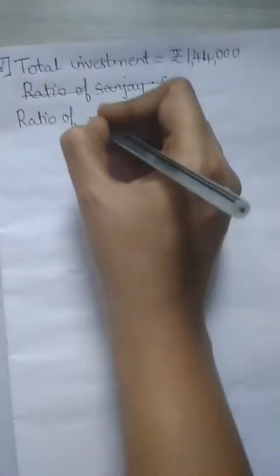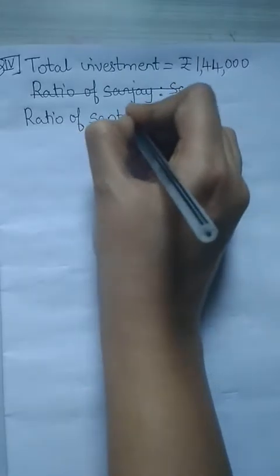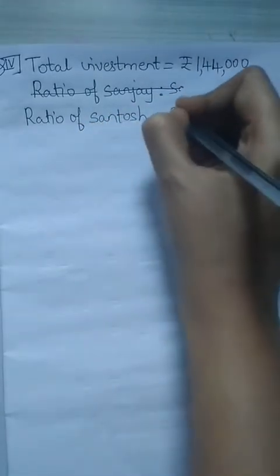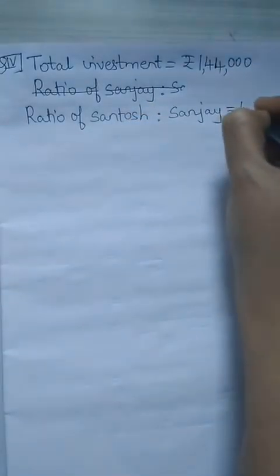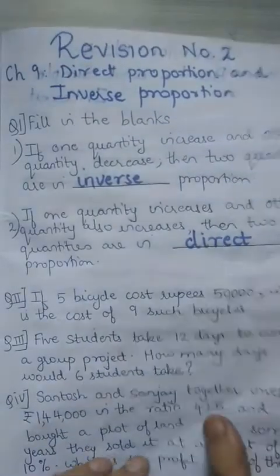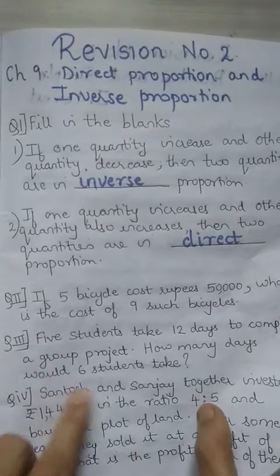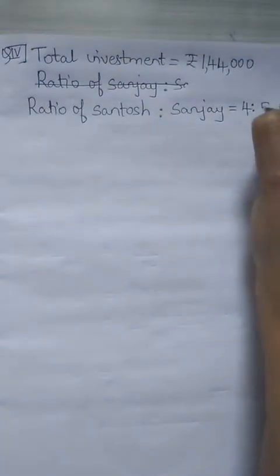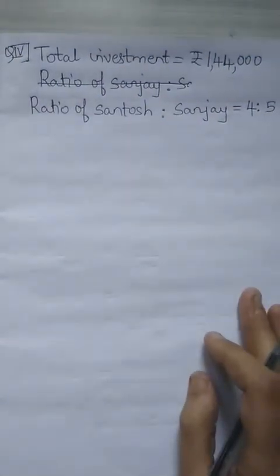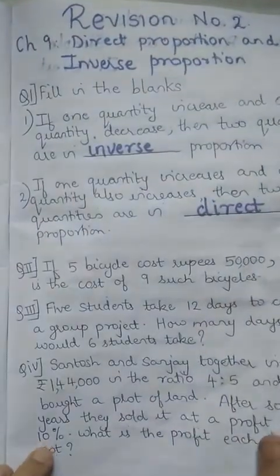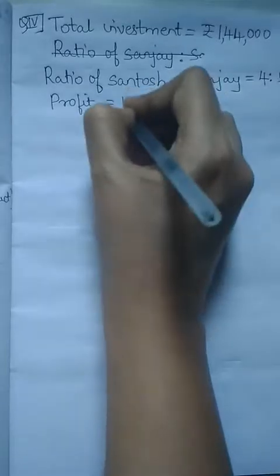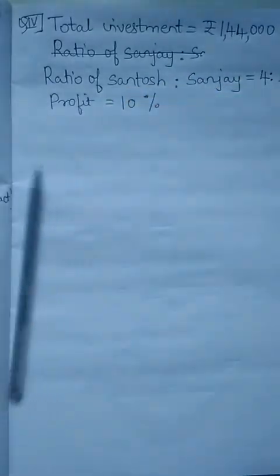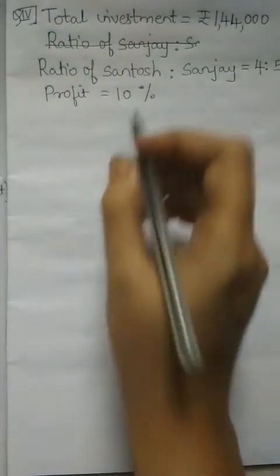So Santosh to Sanjay is 4:5. And what else is given? Profit is 10%. So this is what is given.